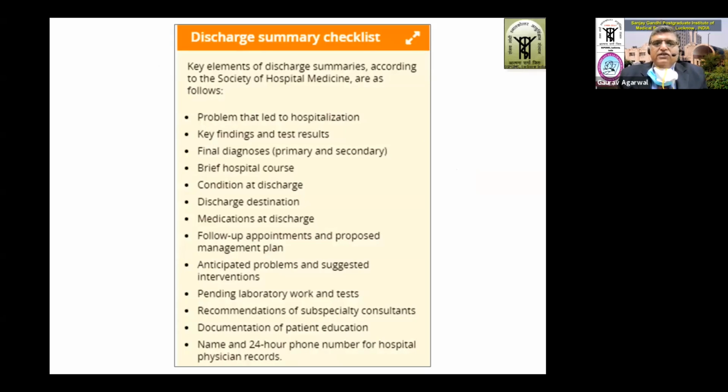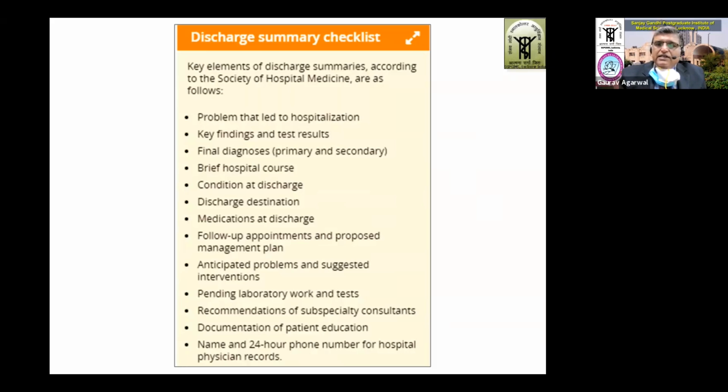So in summary, a discharge summary should have all these components which are listed here as a checklist. If you want, you can take a snapshot of this, keep for your ready perusal. The key elements of a discharge summary are the problem that led to the hospitalization.